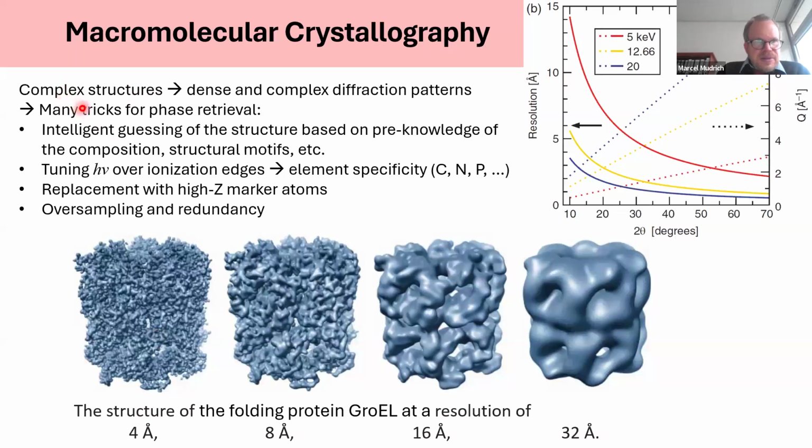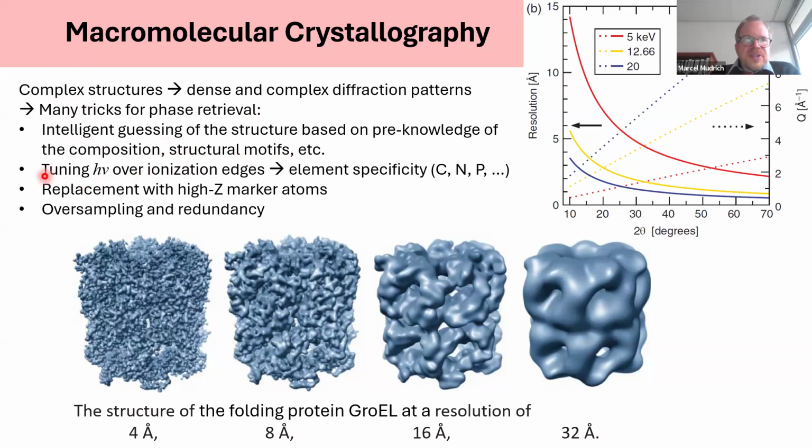And then there are many tricks for doing this phase retrieval. One, as I mentioned, is trying to apply some intelligent guessing of the structure, based on some pre-knowledge about the composition, about structural motifs, and so on.